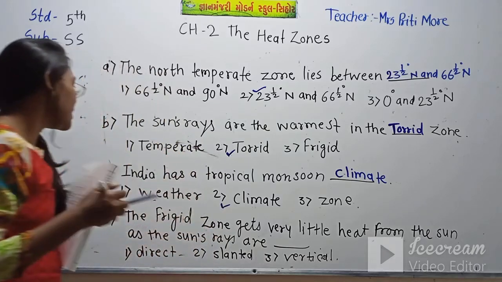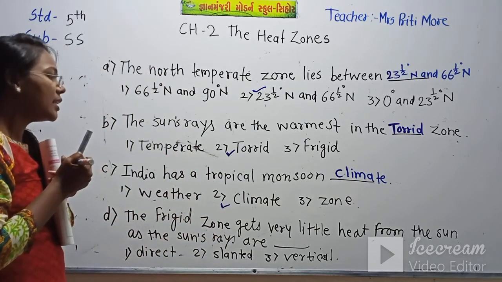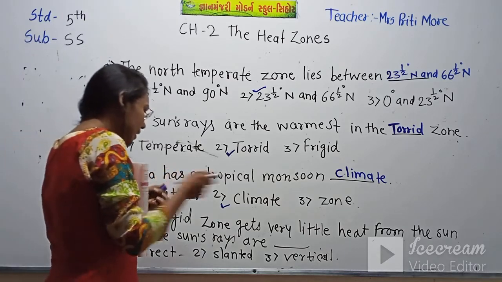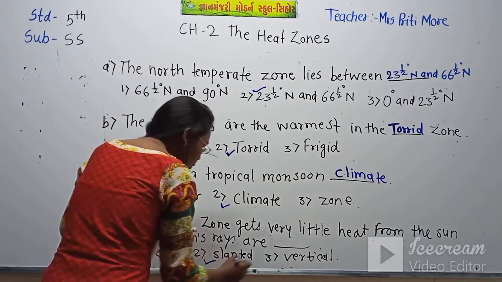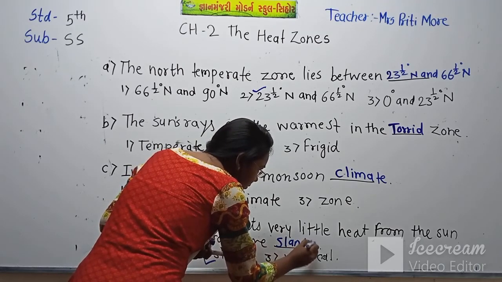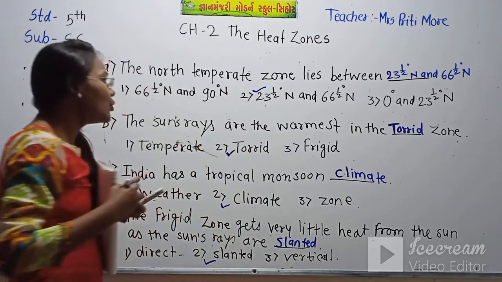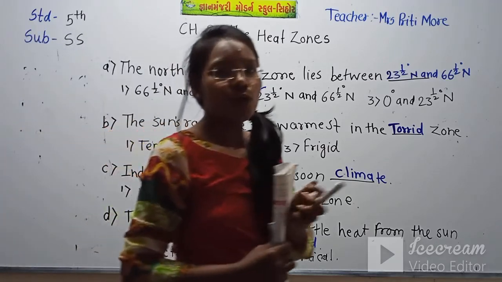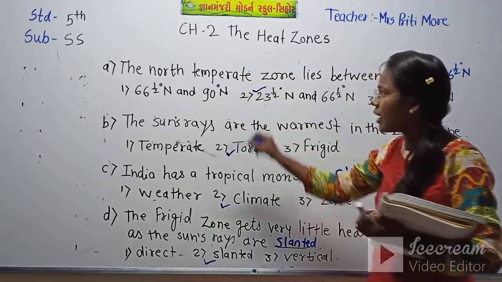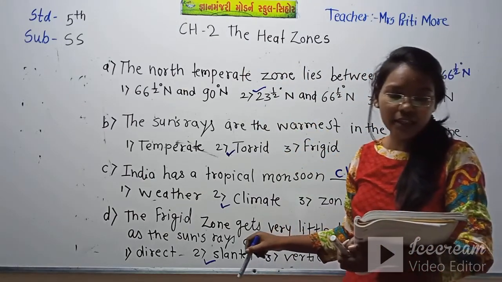The frigid zone gets very little heat from the sun as the sun rays are slanted. So here also option 2 is correct, and right here, slanted. You note down this in your notebook. Put the heading chapter 2, the heat zone, and write down this: choose the correct answer.